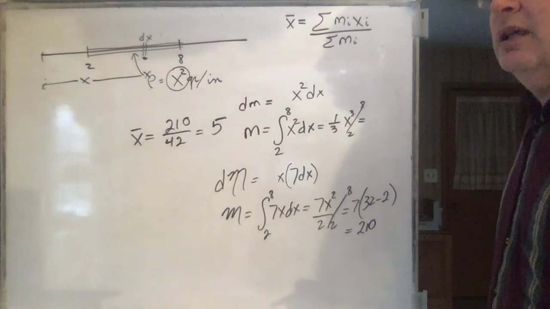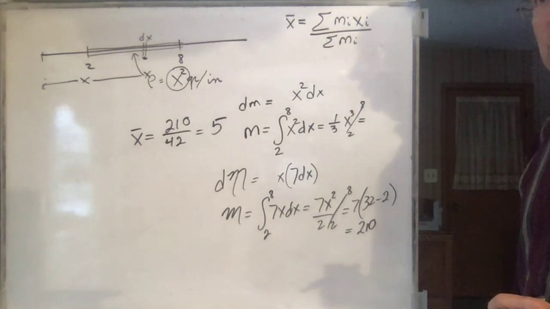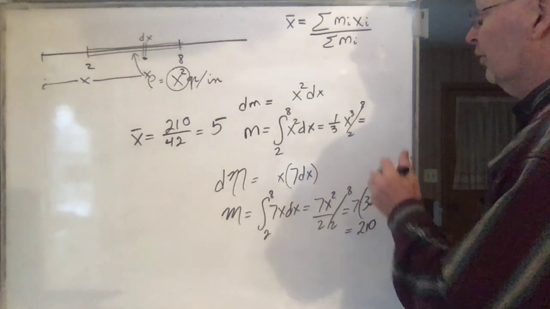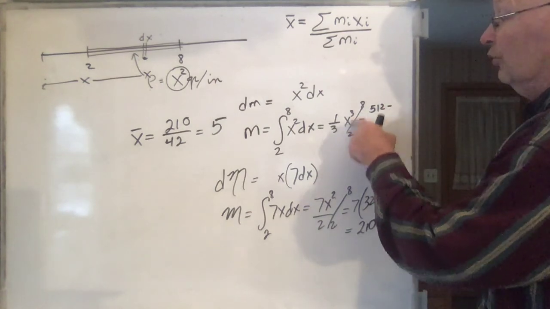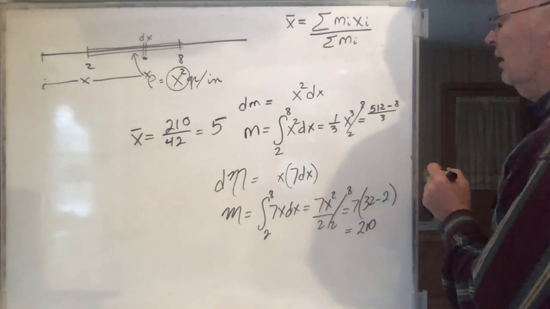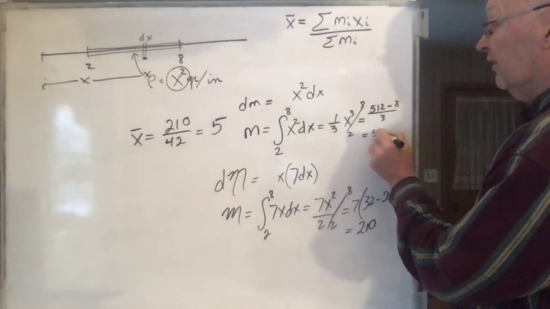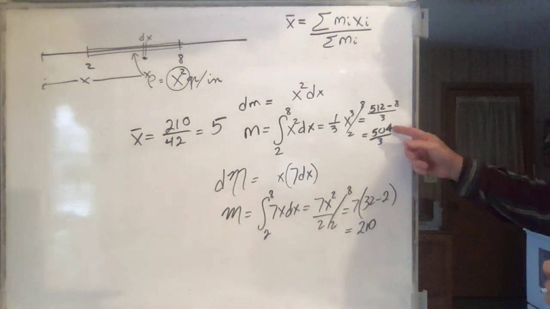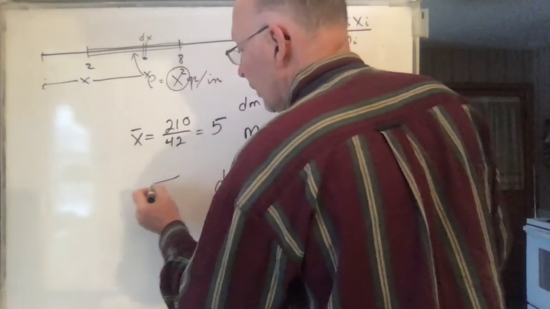And again, let's see, what's 8 cubed? 8 cubed is the same as 2 to the 9th. 2 to the 9th is 512. So it's going to be 512 minus 2 cubed, which is 8, all over 3, which is going to be 504 over 3, and 5 and 4 add up to 9, which is divisible by 3, so that means that 504 is divisible by 3.